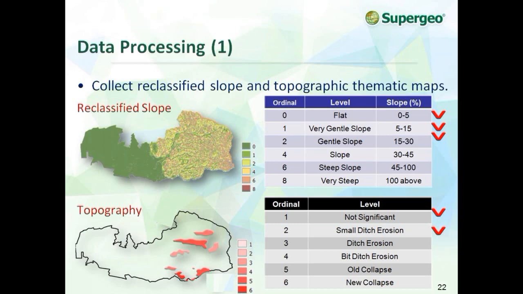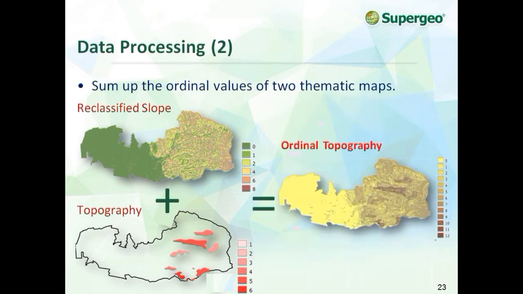Of course, in the second table we also set 6 degrees for our topography map, and then we use the spatial join and sum up the two data layers to get a new value to represent today's ordinal topography map.